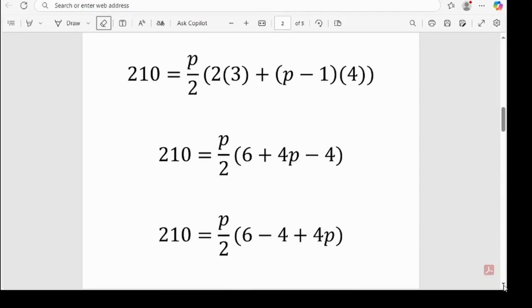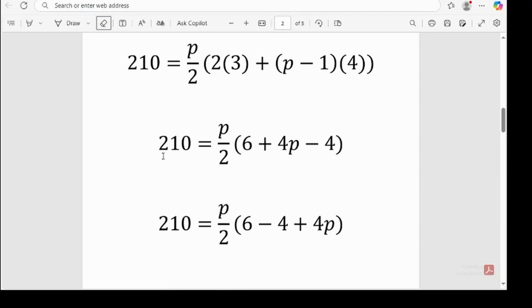When we simplify, we are going to get 210 equals p over 2 multiplying 2 times 3, which gives you 6. And this 4 here is multiplying the entire expression p minus 1. So 4 multiplying p gives you 4p. 4 is positive, multiplying negative 1.